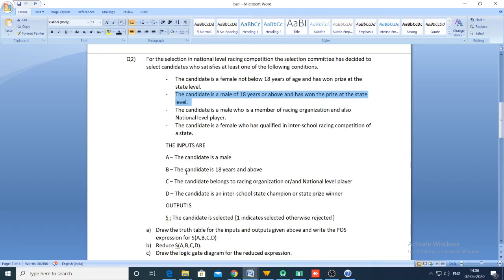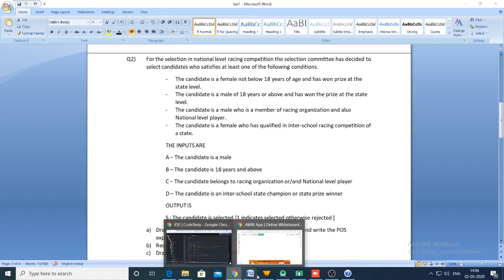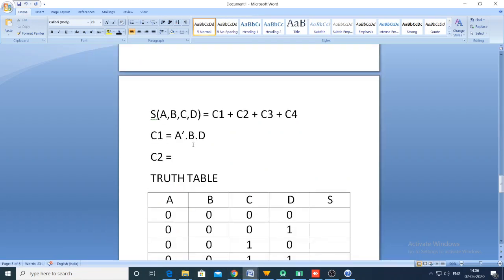So again it is based on 3 variables: A, B, and D. The candidate is a male of 18 years or above, and has won the prize at the state level. So the second one is A dot B dot D.